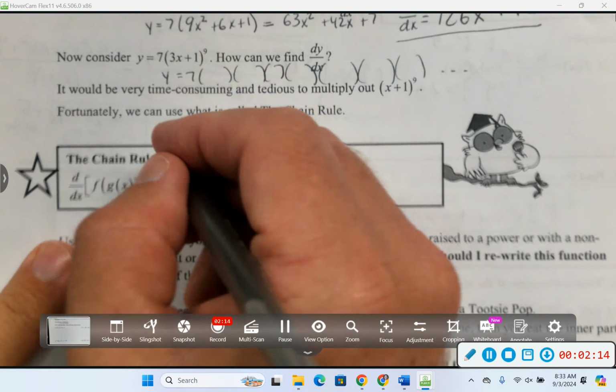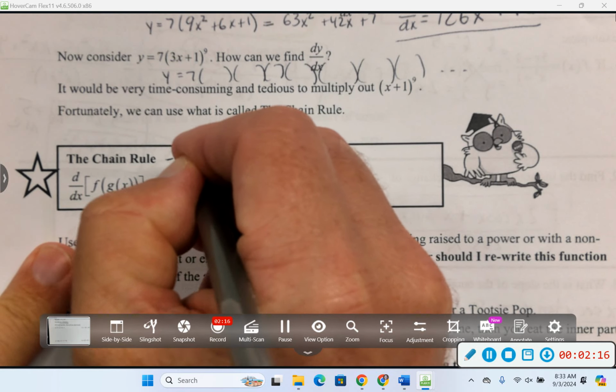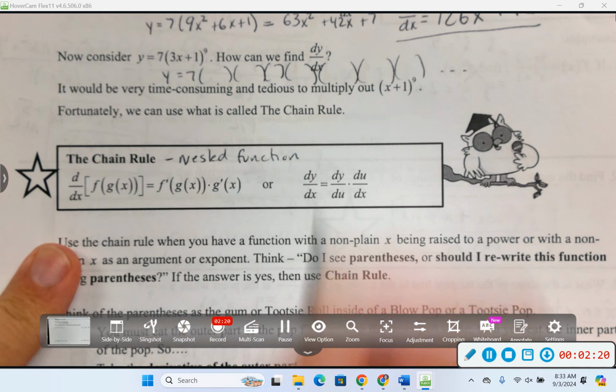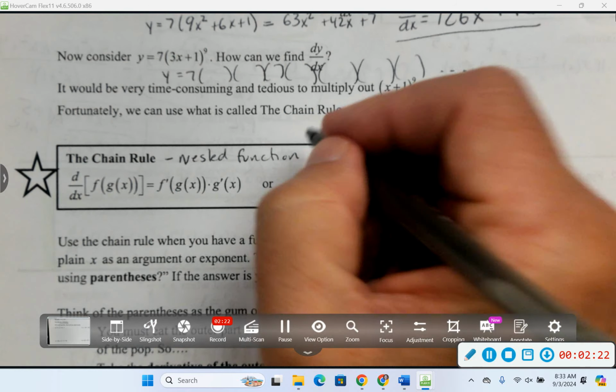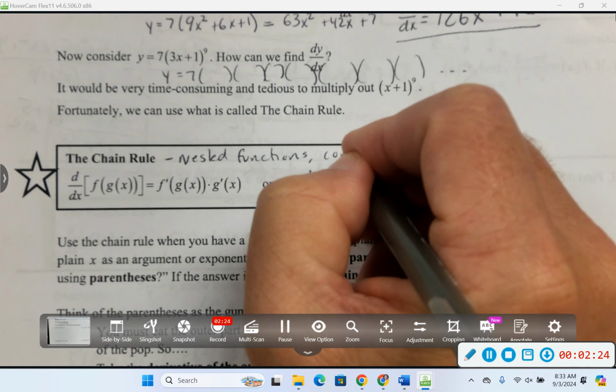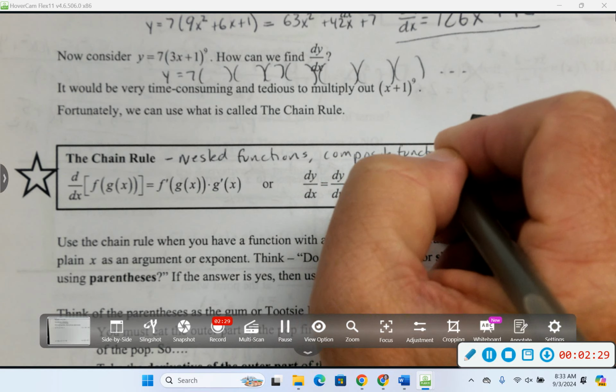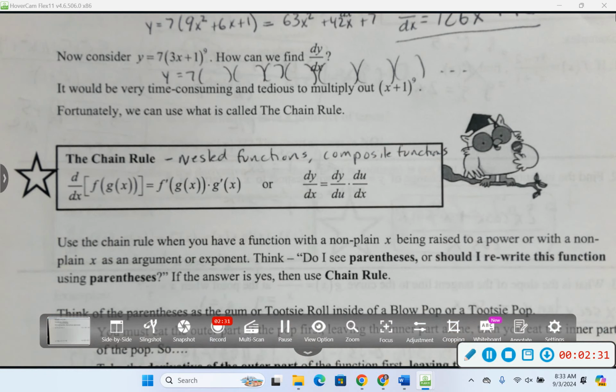The chain rule is, one way to say it, for nested functions, one function inside another. The more official way to say it is for composite functions, f of g of x.